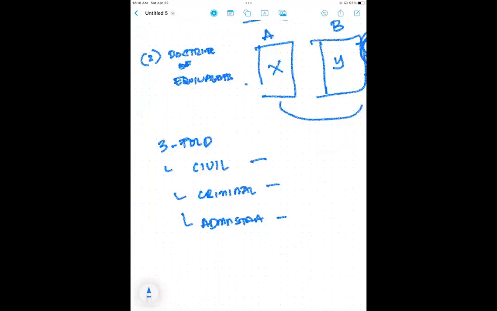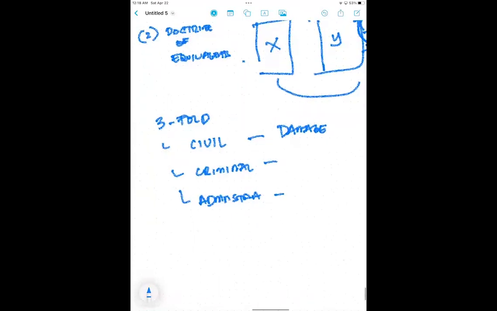Okay, so insofar as civil liability is concerned, usually mga damages yan. At criminal is pwedeng makulong. Right? But the law says that before an infringer be criminally liable, there must be a repetition first.